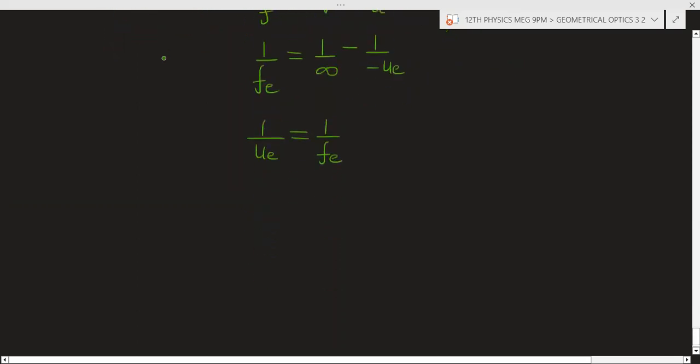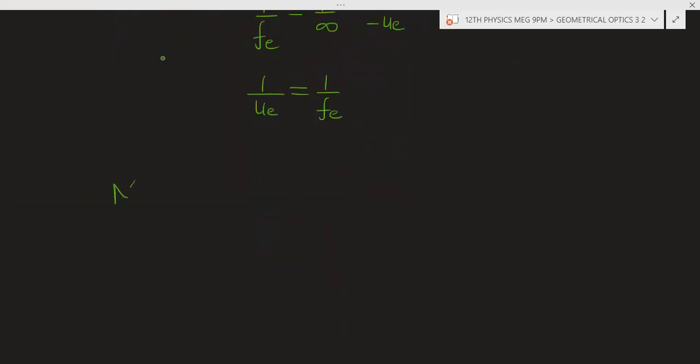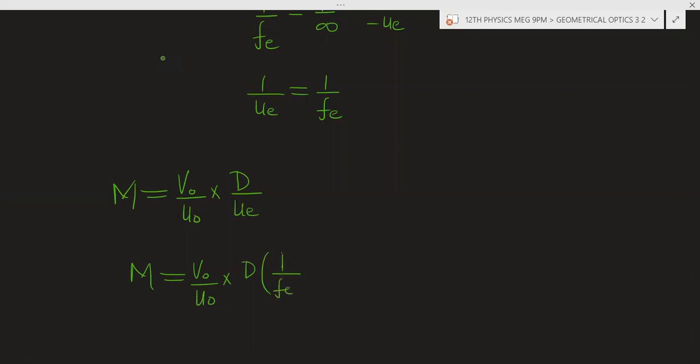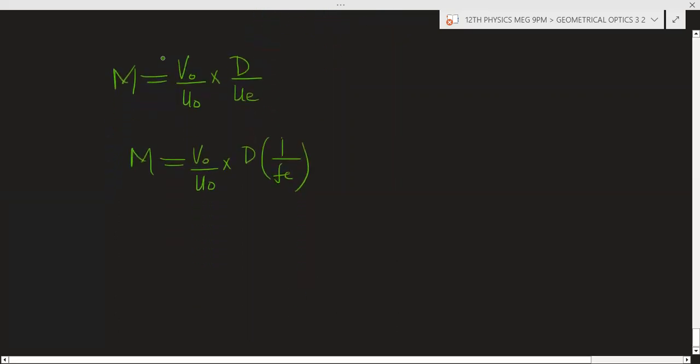So now what is the magnification for the compound microscope? That is equal to V naught by U naught multiplied by D divided by UE. 1 upon UE is 1 upon Fe, so you will get magnification equal to V naught by U naught multiplied by D by Fe.